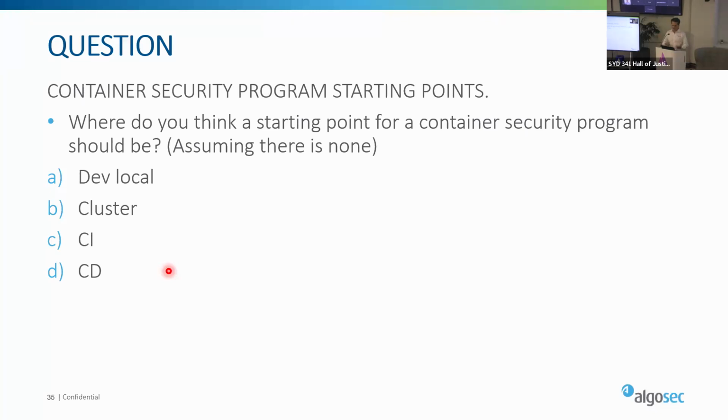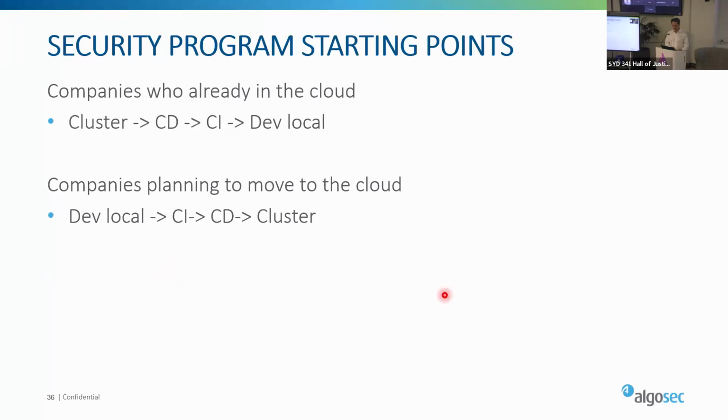So you definitely want to start there. For companies that are already in the cloud, my recommendation is to go for the cluster: start from the cluster, then go to CD, then CI, then dev local. But if you're planning to move to the cloud, it's easier to start from dev local and then go CI, CD, and then cluster.